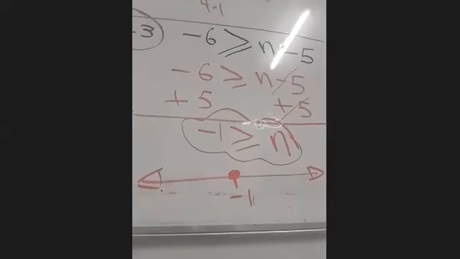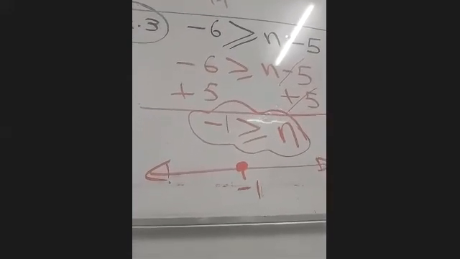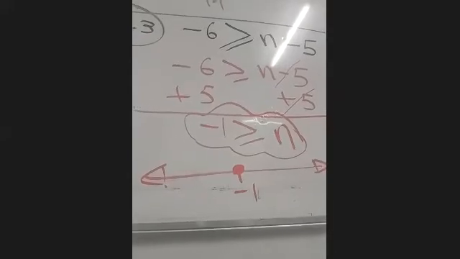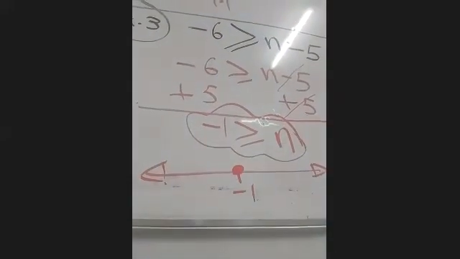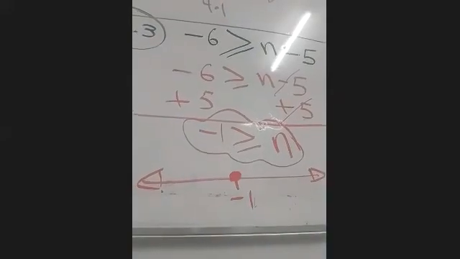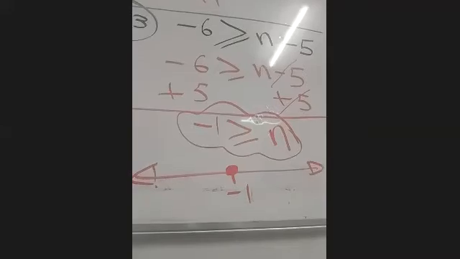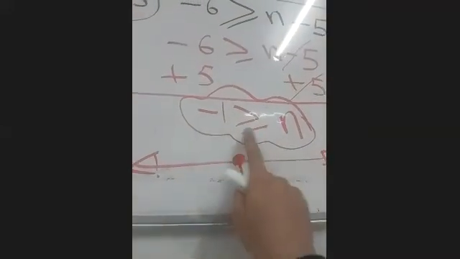No. Yesterday we said we always read from the variable. It's important. Where is the variable? On the right side. So read from the n. What do we say? n smaller than or equal to minus 1.